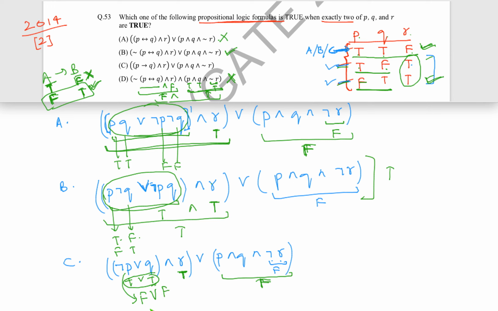So it is false or false, and that's why it is going to be false. So we cannot justify the truthfulness of this in the case of the second case, and that's why we cannot say that in all the cases when exactly 2 of P, Q are true, this is holding. So this is also not holding.